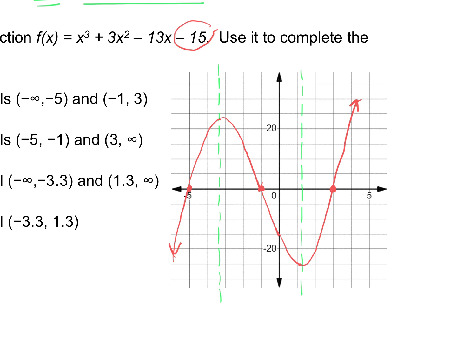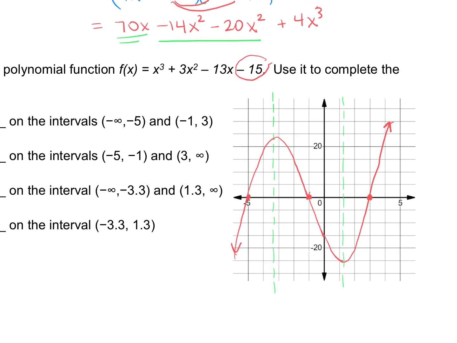What I want to point out is where our function is positive and negative. So our graph switches between positive and negative intervals when we cross the x-axis. So here we're negative, we cross the x-axis, now we're positive till we get to our next x-intercept. Now we're negative until we get to our next one, and then we're positive. So we know that these zeros of our function, or the x-intercepts, are happening at 3, -1, and -5.